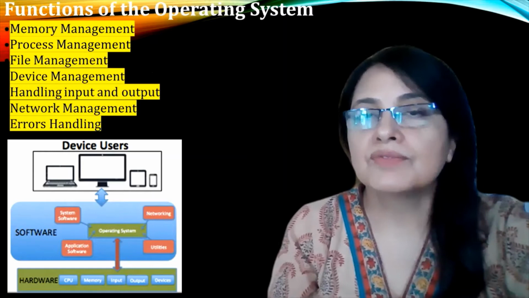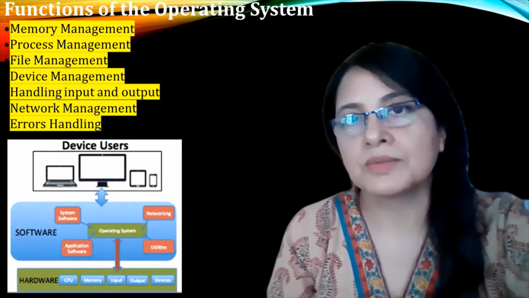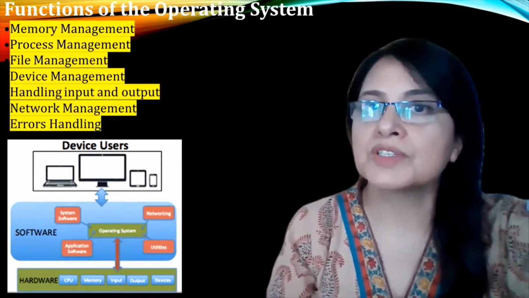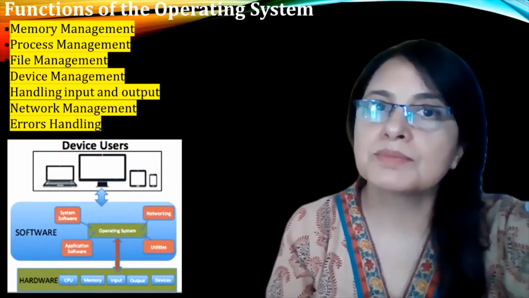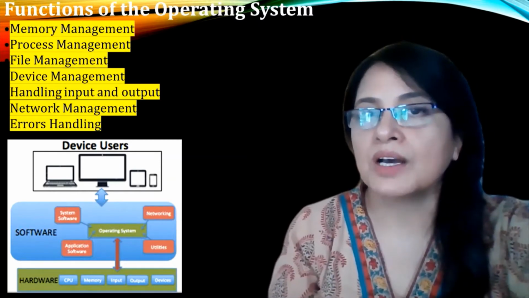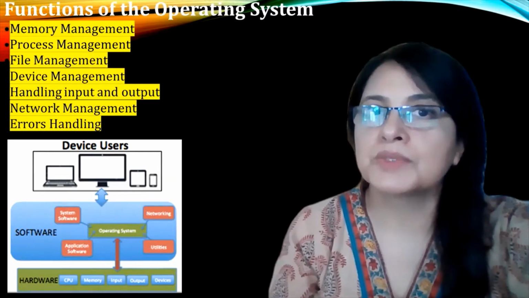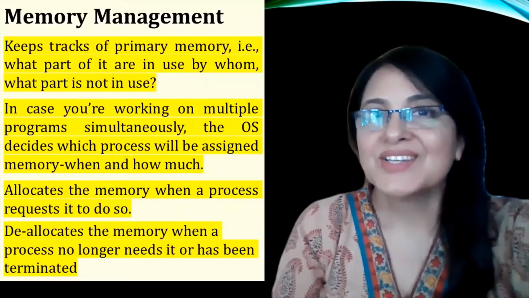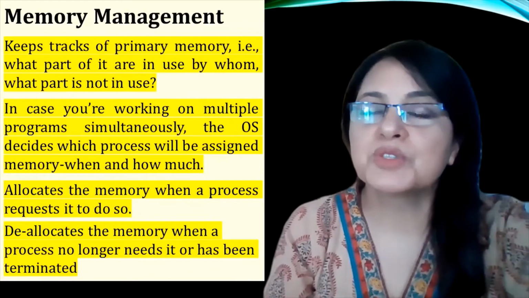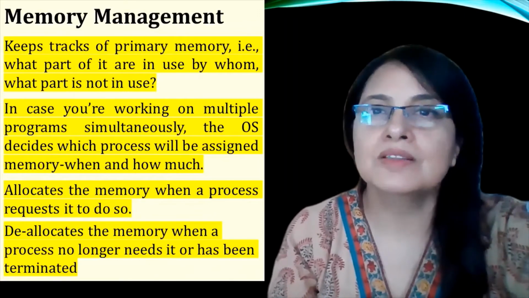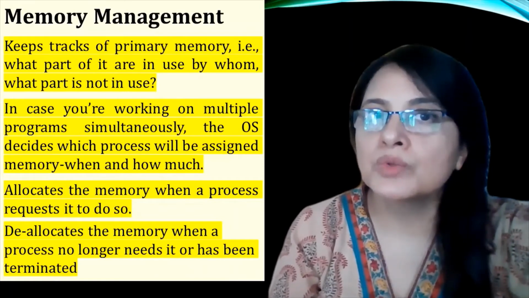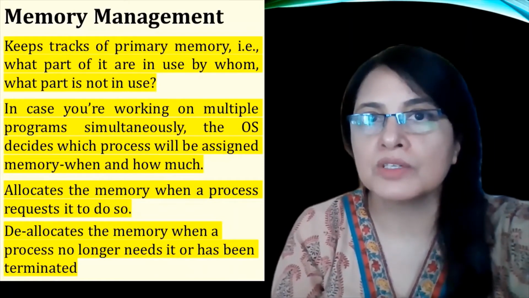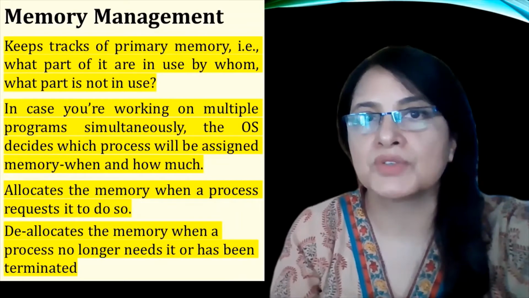Now, what are the functions of the operating system? The main functions of the operating system are memory management, process management, file management, device management, handling input and output, network management, and error handling. So the memory management keeps track of mainly the primary memory and what part of it is in use by whom, what part is not in use, is all that it keeps track of.